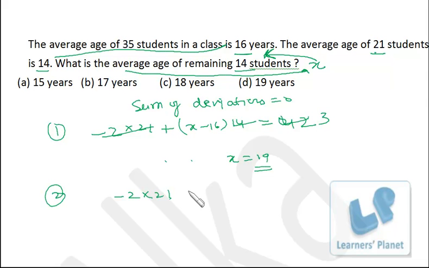So the deviation of one student is y, so the total deviation will be 14y. y is the deviation, not the average. So the sum of deviations will be 0. So 14y is equal to 42, which means y is equal to 3.